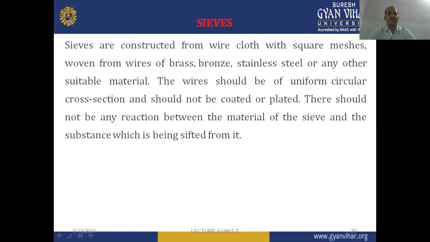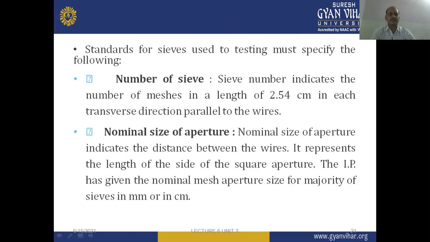The wires should be of uniform circular cross section and should not be coated or plated. There should not be any reaction between the material of the sieve and the substance being sifted. It is certified by the National Bureau of Standards (NBS), and a particular number is given to a particular sieve.